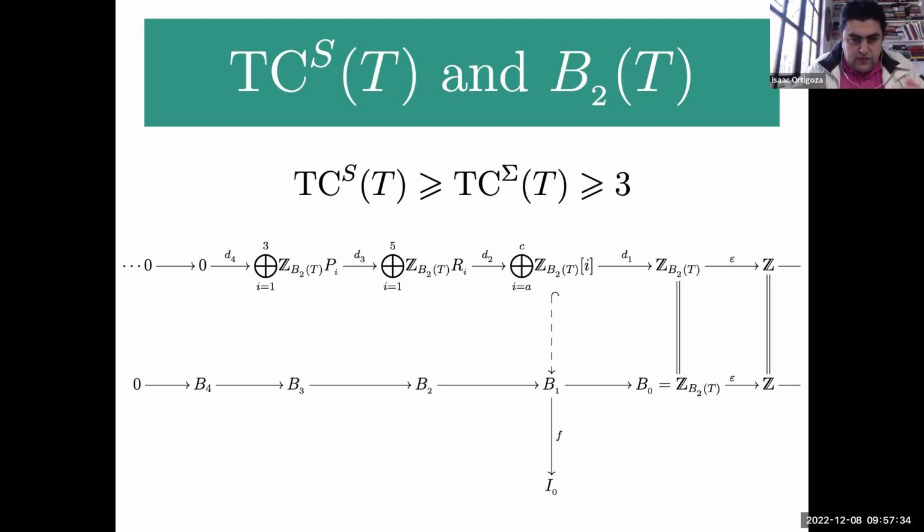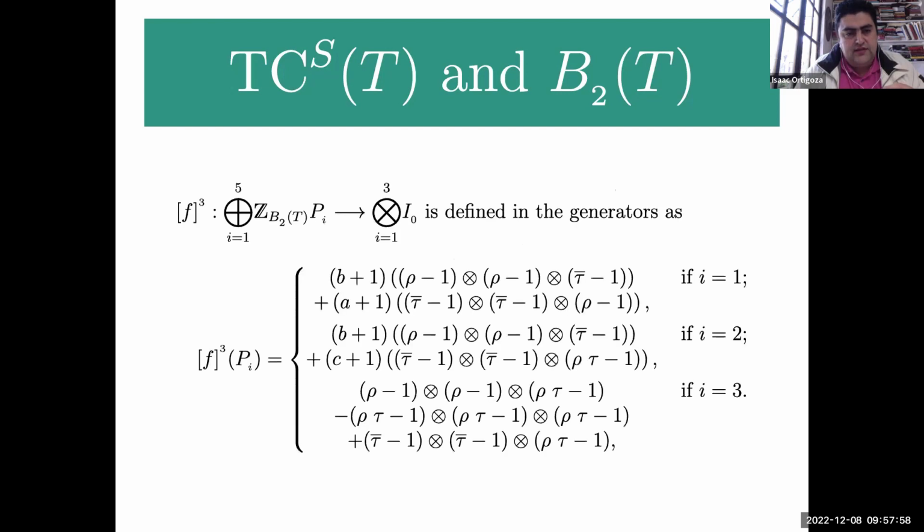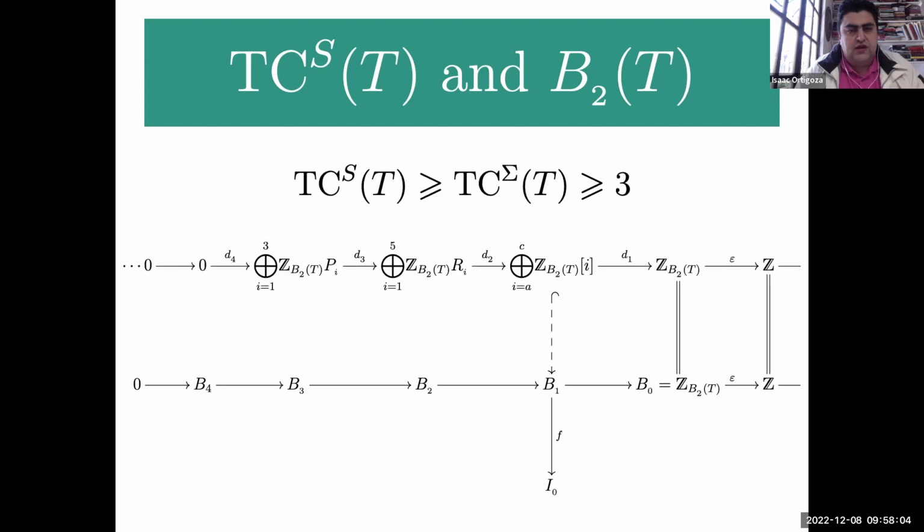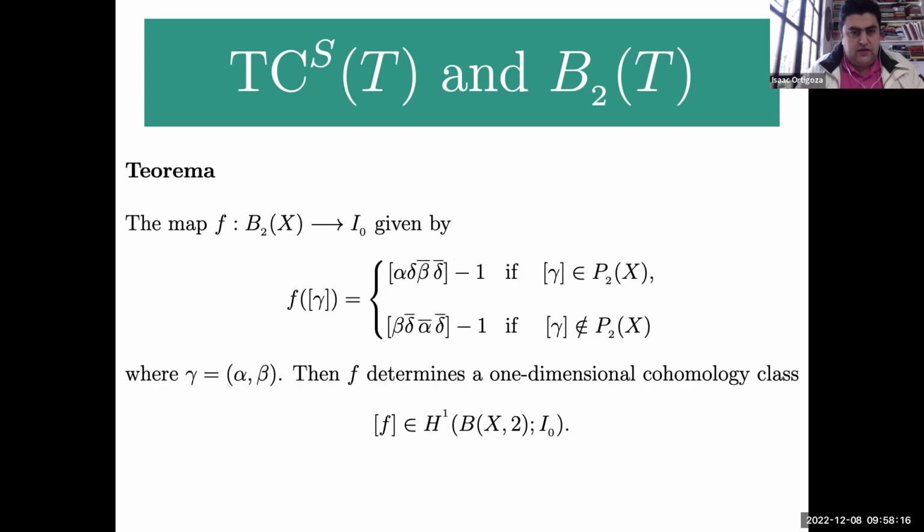Well, my resolution in the first dimension is a subgroup of the first dimension of the bar resolution, and this cochain class that I already mentioned, my obstruction class, is the restriction in my resolution of this map.